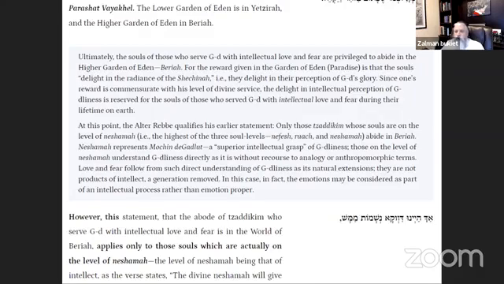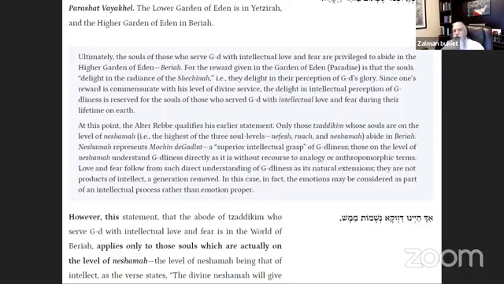We need to broaden our horizons in our intellect, not to have a tunnel vision, but to have a broad mind, which is called the concept of mochin d'gadlus, superior intellectual grasp in godliness. Those at the level of the neshama understand godliness directly as it is, without recourse to an analogy or to anthropomorphic terms.